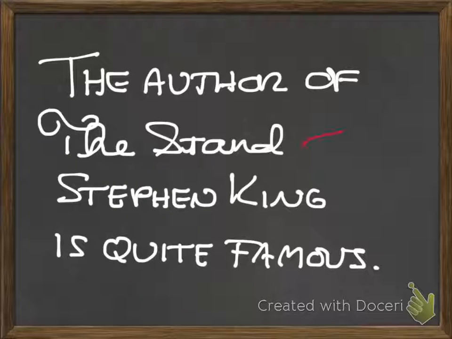Because we have the title of the book, we know who the author is. If I said the author of The Stand is quite famous, without the appositive at all, the meaning of the sentence is clear. Pretty well-known book by Stephen King. People know he wrote it. You wouldn't need it there. So in this case, it needs to be set off with commas.